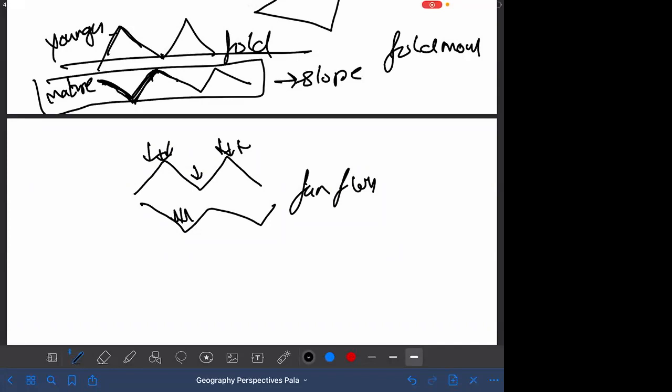Rocks like granite and gneiss are represented in the batholith.